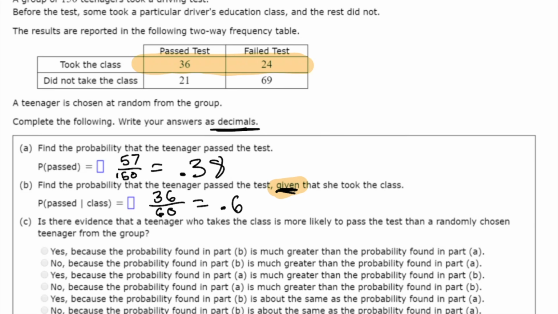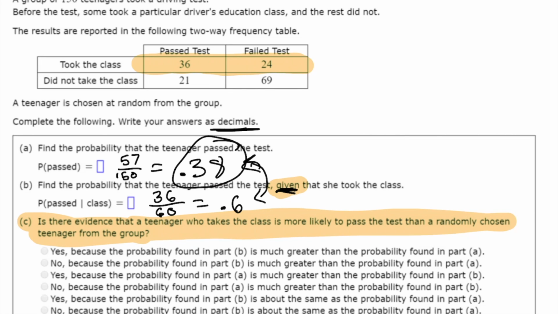Question C here is asking us again to compare those. Is there evidence that a teenager who takes the class is more likely to pass the test than a randomly chosen teenager from the group? You're going to have to say yes, because look at the difference between these. This is just randomly selected from all of the students: 38% of the people passed.